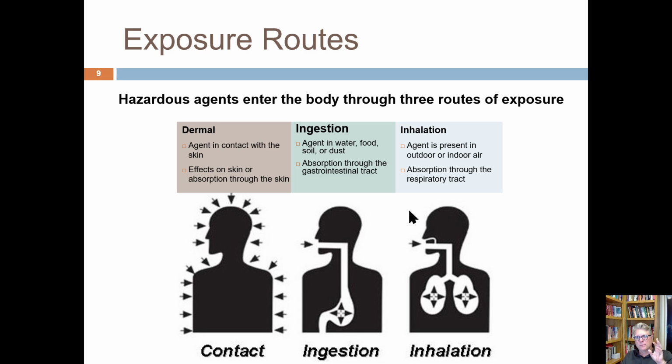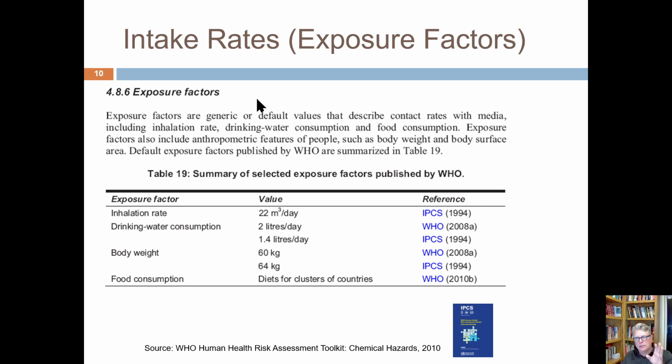something about the amount of air people breathe, the amount of water they drink, the amount of food they eat, and so on, right? That area of research in environmental health is termed exposure factors, okay? These would be factors that influence or modify exposure.